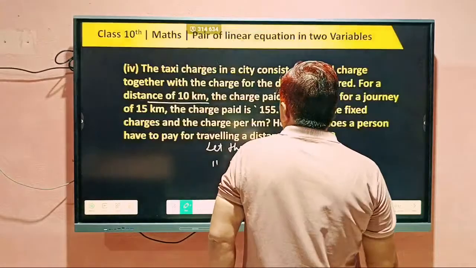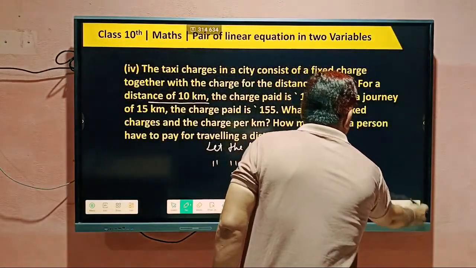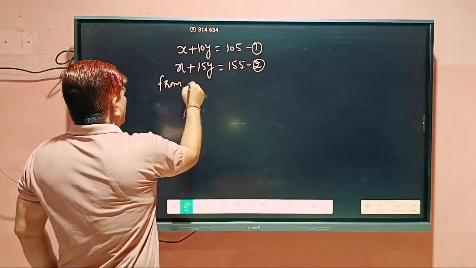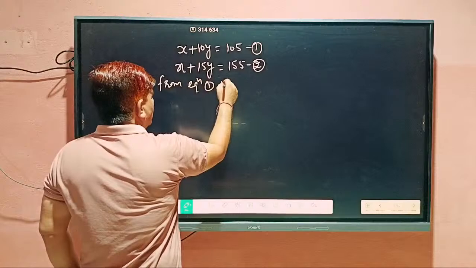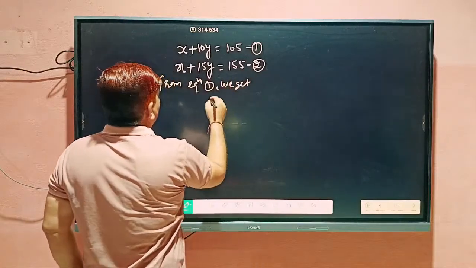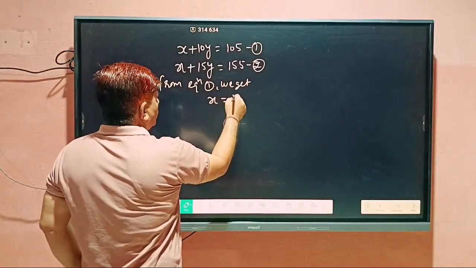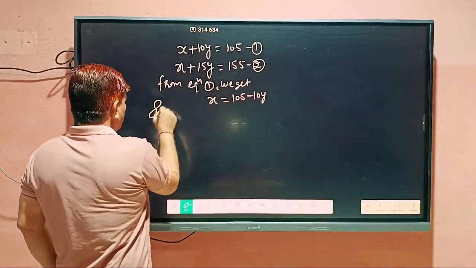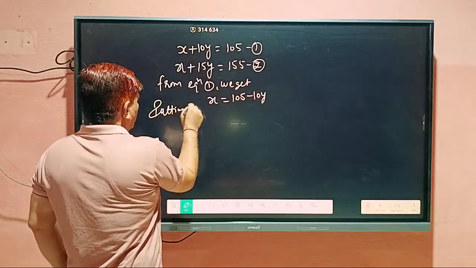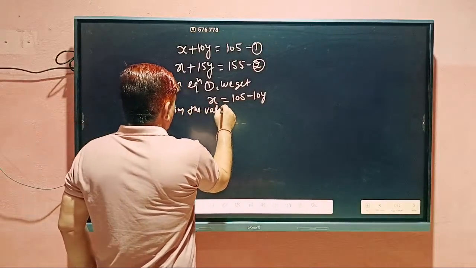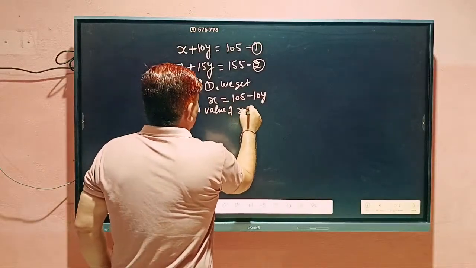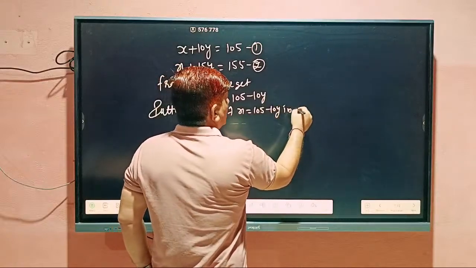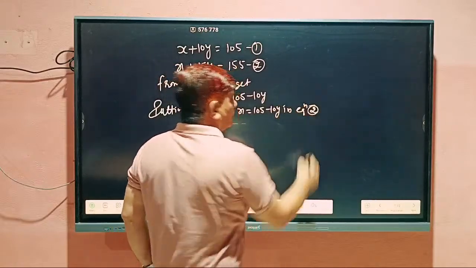Understood? From equation number 1, what do we get? x is equal to 105 minus 10y. Then same process: putting the value of x equal to 105 minus 10y in equation number 2.